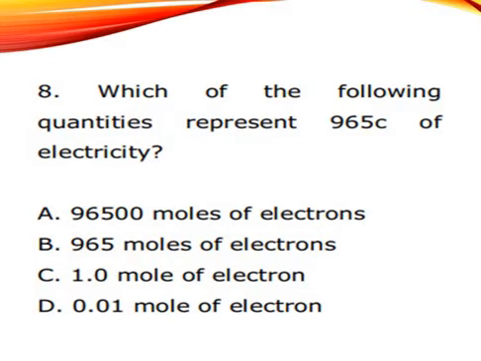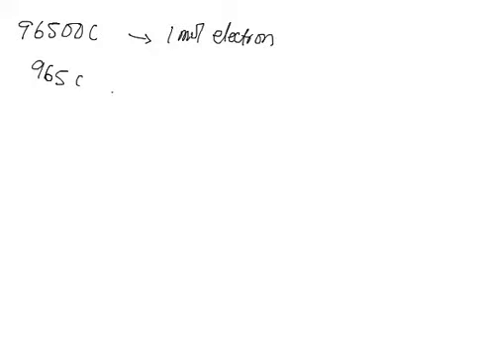So we're going to do a bit of calculation. 96,500 coulombs actually represents 1 mole of electron. But then you were given 965 coulombs and you don't know the quantity. You can name this E, so you can cross multiply.